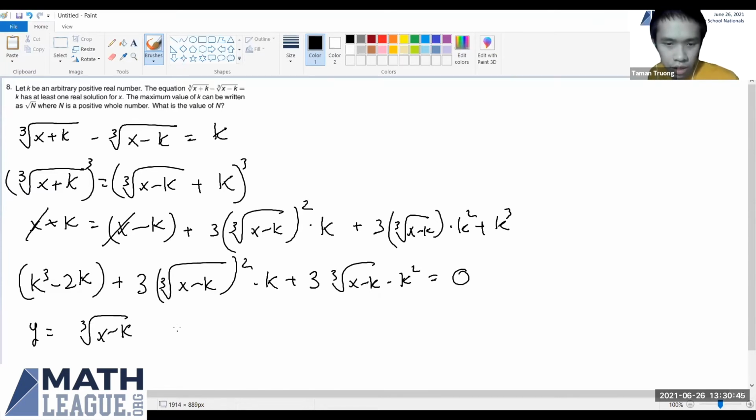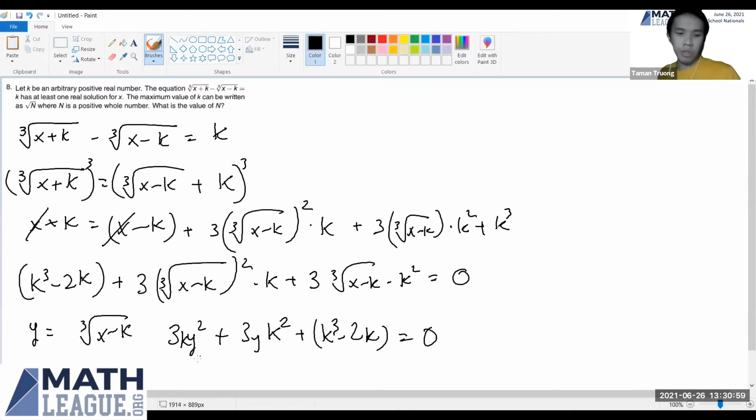We get 3ky squared plus 3yk squared plus k cubed minus 2k equals 0. And so we have a quadratic with coefficients 3k, 3k squared, and k cubed minus 2k for our quadratic, linear, and constant terms.